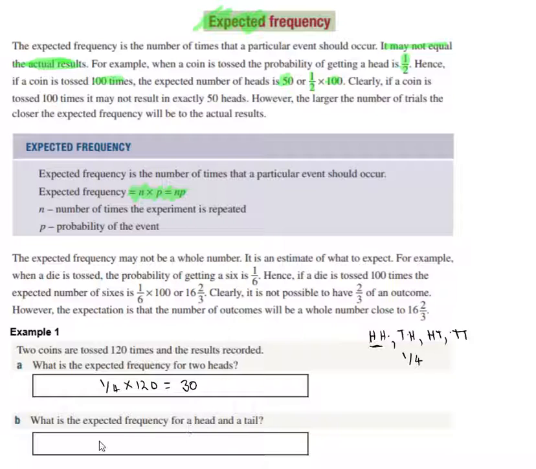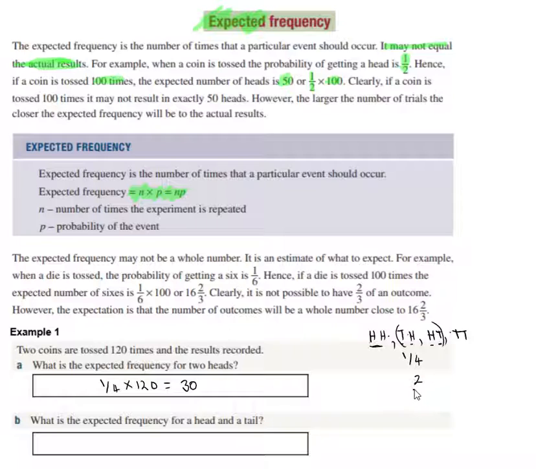Now, B. What is the expected frequency for a head and a tail? Well, the question here doesn't mention head and a tail in any particular order. To get a head and a tail, we've got tails and heads, or heads and tails. So I would say that is 2 chances out of the total of 4.